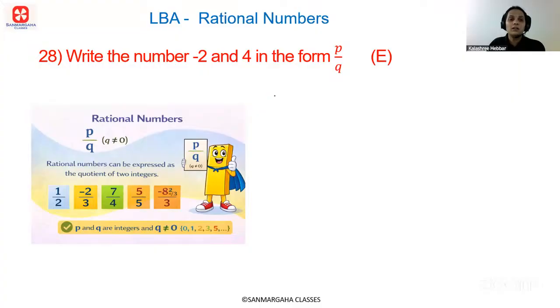Write the numbers minus 2 and 4 in the form of p by q. So you have minus 2 by 1, which is in the form of p by q, and you have 4 by 1, which is in the form of p by q.